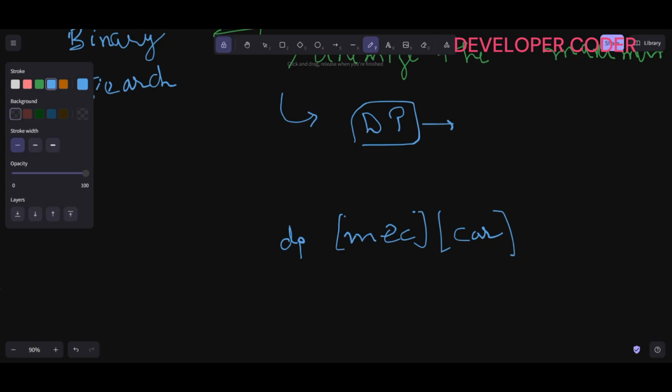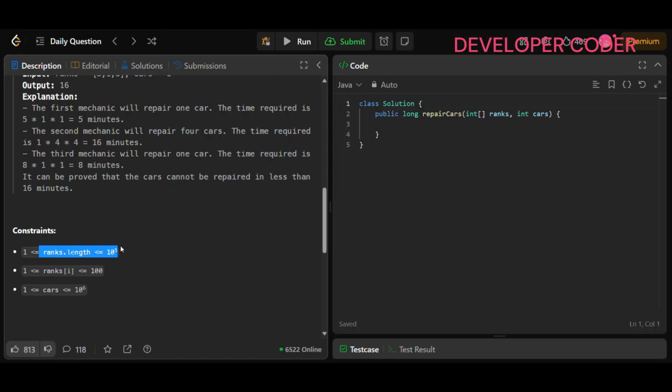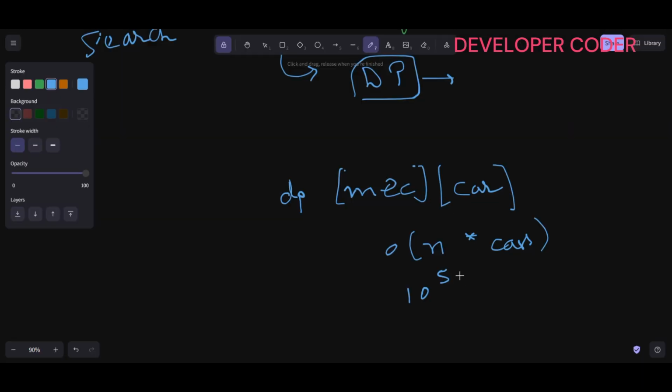So the time complexity would be O of n, number of mechanics into cars, which in the worst case is 10 raised to power 5 into 10 raised to power 6. So you are going to get 10 raised to power 11, which is far too long to be computationally feasible.